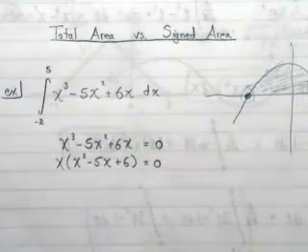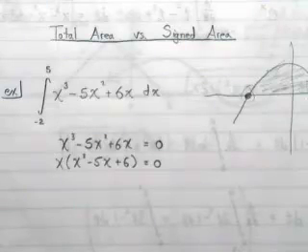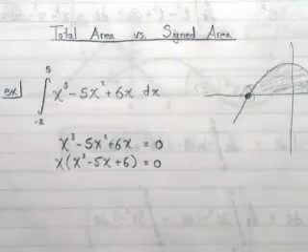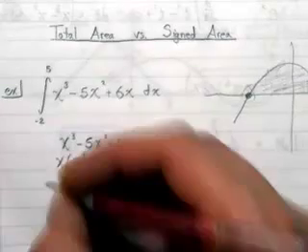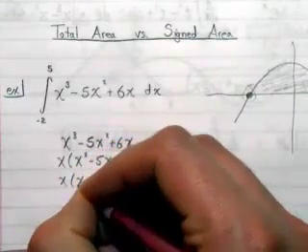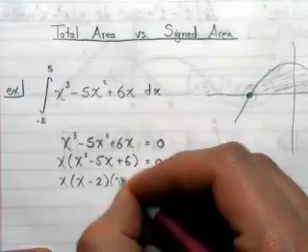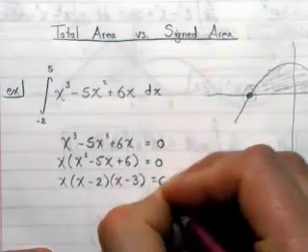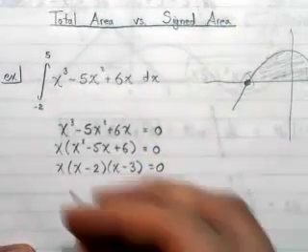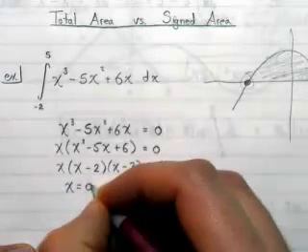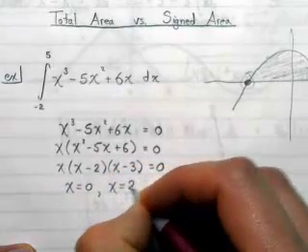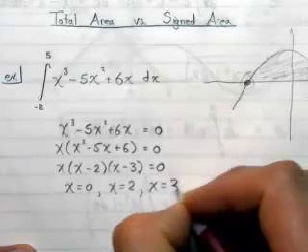Can I go any further with x squared minus 5x plus 6? Yep. What does that factor to? You got it. So where are my zeros? x equals 0, x equals 2, x equals 3.